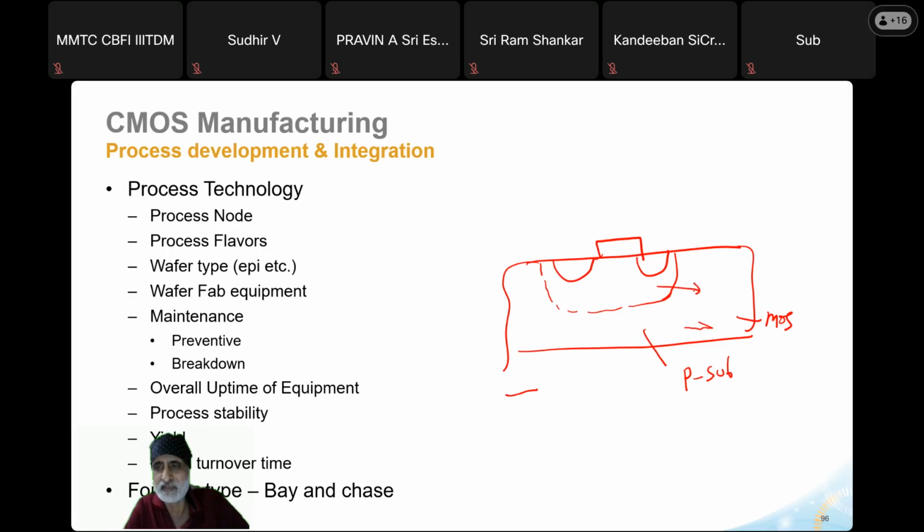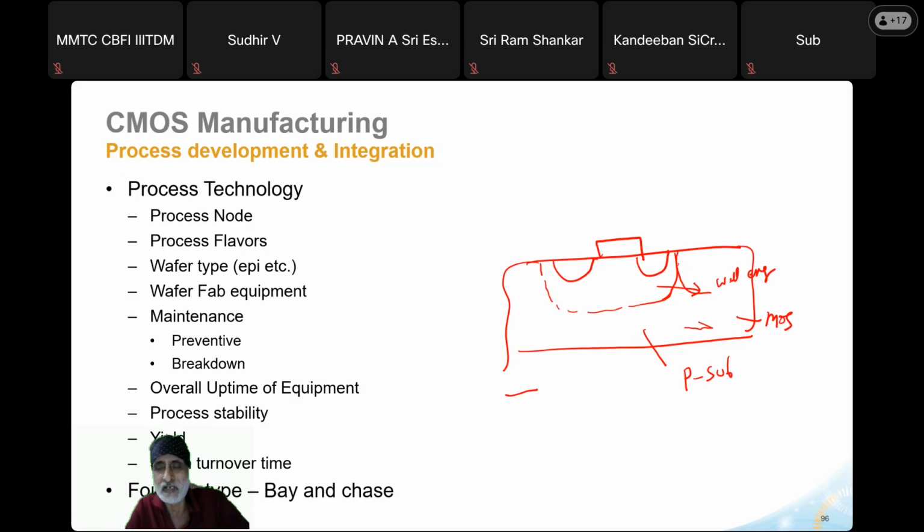This is a well, so we call it well engineering. There are issues in how to make these wells. There will be another well here, and the two wells will be separated. That is known as isolation. Like in two houses, there is a boundary wall. The same concept: two devices have to be separated, so there is no crosstalk or leakage between them.